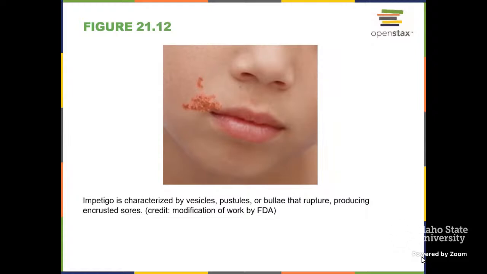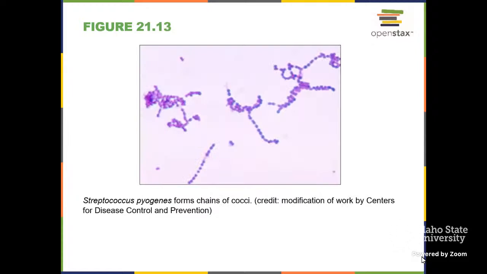This is something that is really pretty contagious, a pretty common occurrence in children or adolescents, and when we think of school-age children, with it being pretty contagious, there's potential for it to spread pretty readily. All right, it's oftentimes something that we see around the face, but it can present elsewhere.